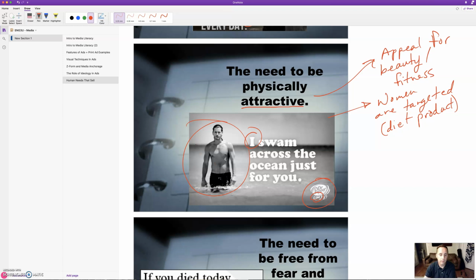And obviously the fit physique of the guy says something about, quote unquote, manliness or masculinity.